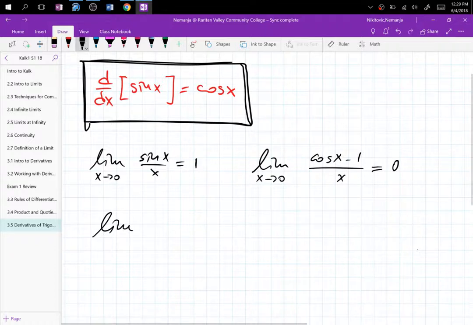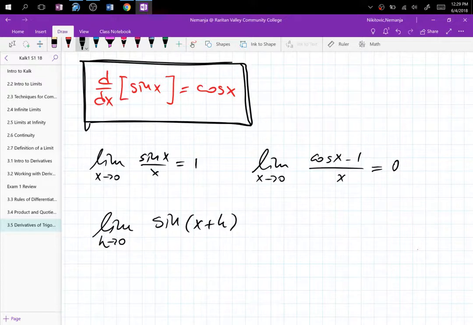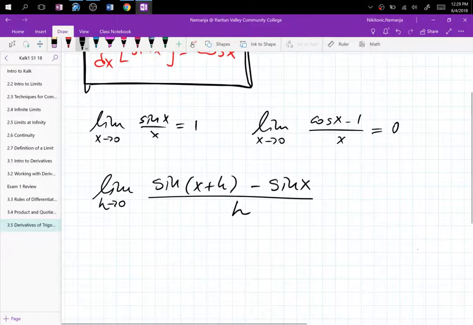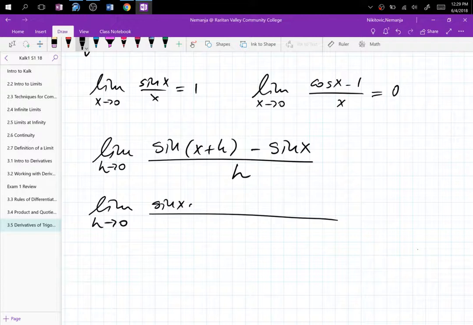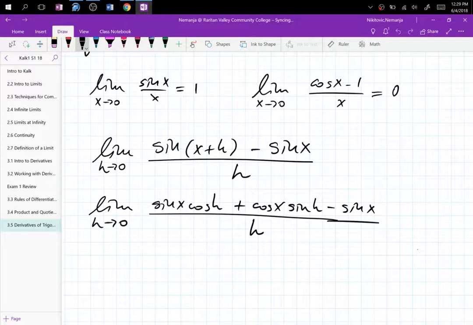We do the limit as h goes to 0 of sine of x plus h minus sine x over h. So this is our job. The only thing that I can really do is to deal with the sine of the sum. So the limit as h goes to 0 of sine x cosine h plus cosine x sine h minus sine x, divided by h.